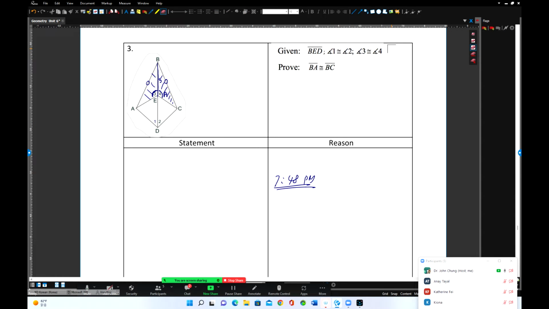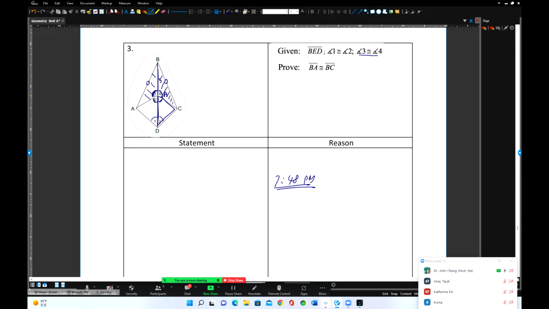From here, angle 1 and 2 congruent, and this one is what? Reflexive. Angle 3 and 4 is given already. From this 3 and 4, you can find these two supplementary angles congruent. So this one can be proved, right?